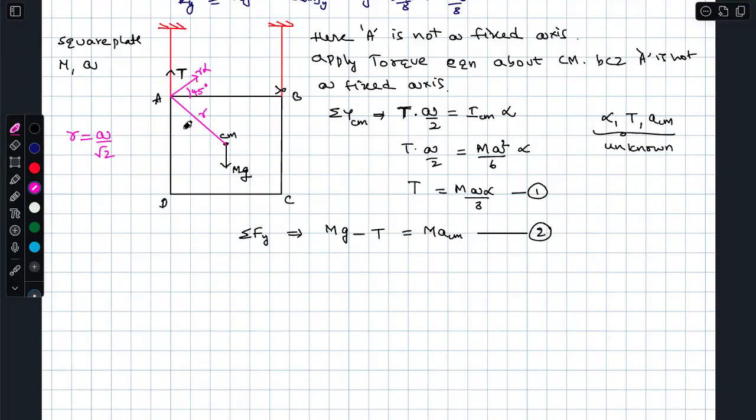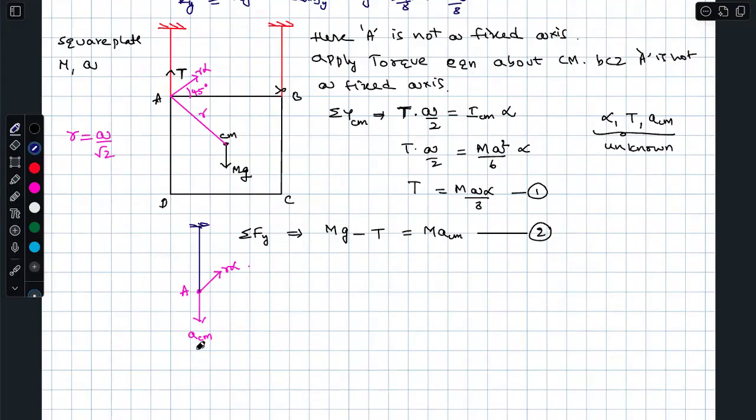How? I will explain. The point A will have 2 accelerations. One is R alpha, the other is ACM. Yes or no? This is the point A. But don't forget, A is connected by means of a string.